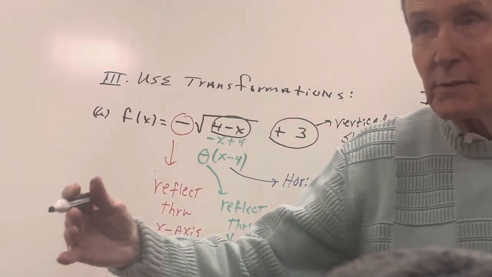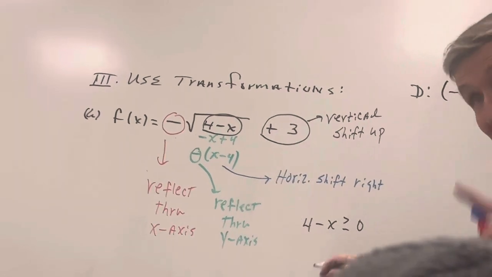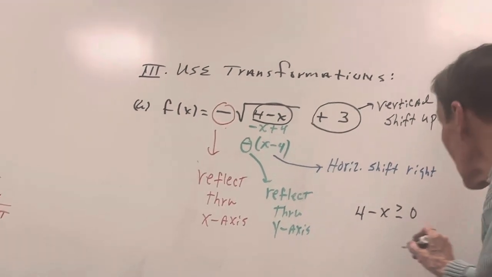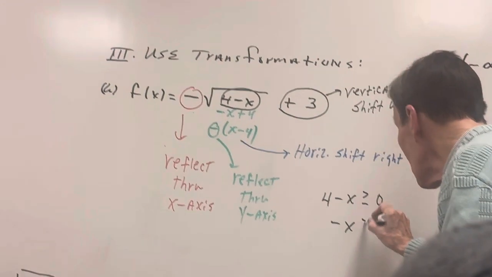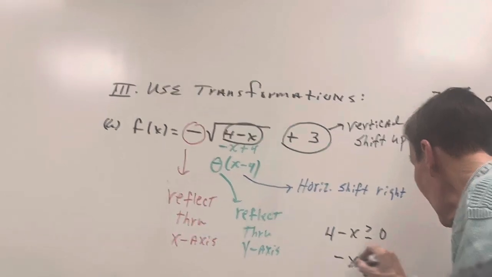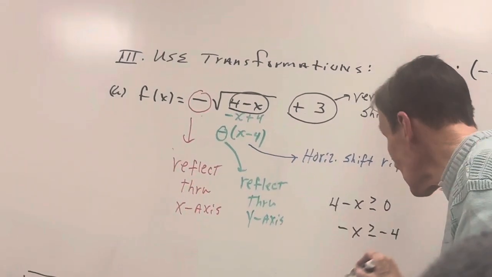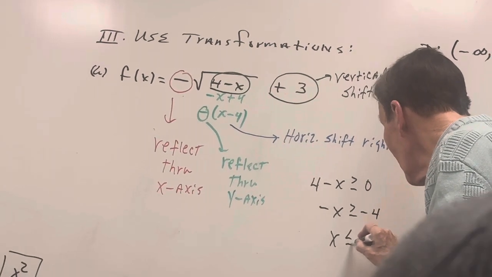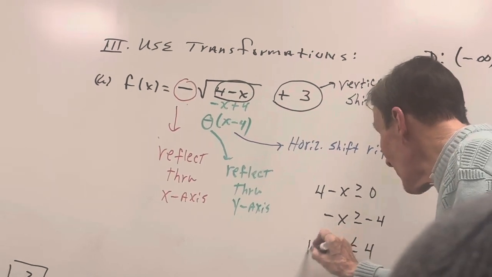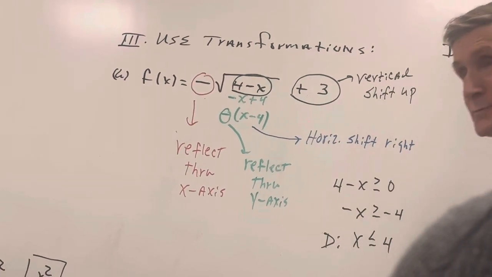It can never be negative. Then what I would do after I realized that, I would solve this inequality, move that 4 over, divide by negative, reverse my symbol, and I had my domain.